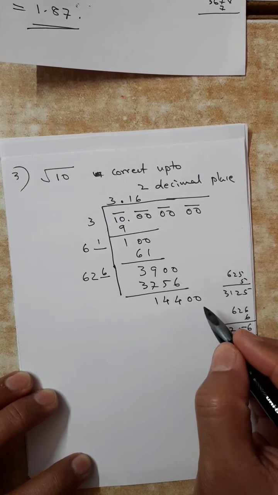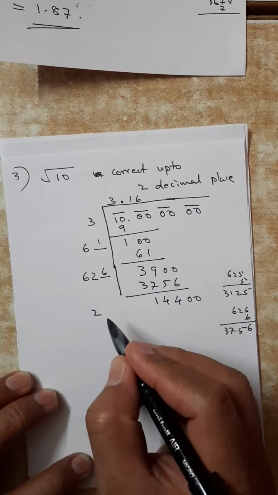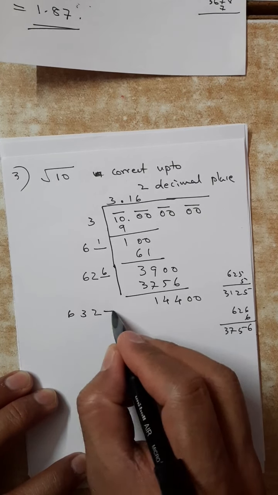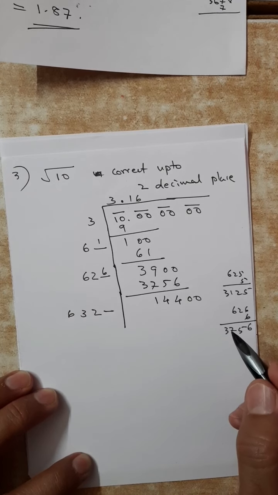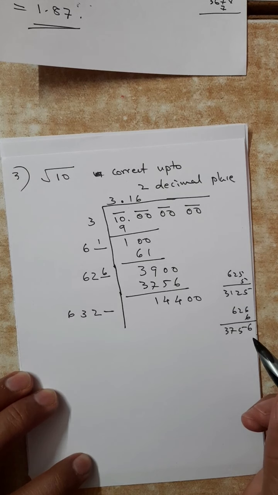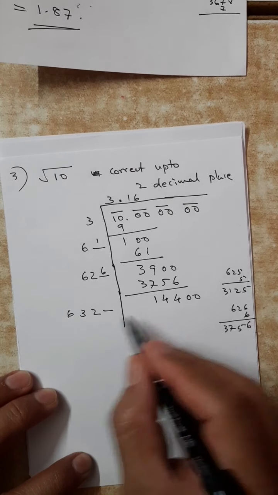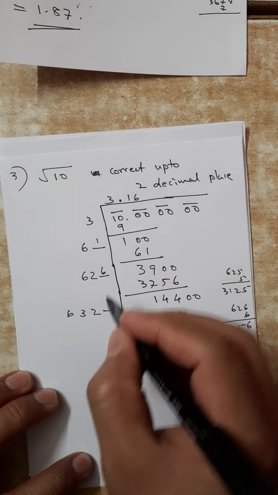Taking the next group, double of this. Bring a dash. Which number? This is 14 and it is 6 2.